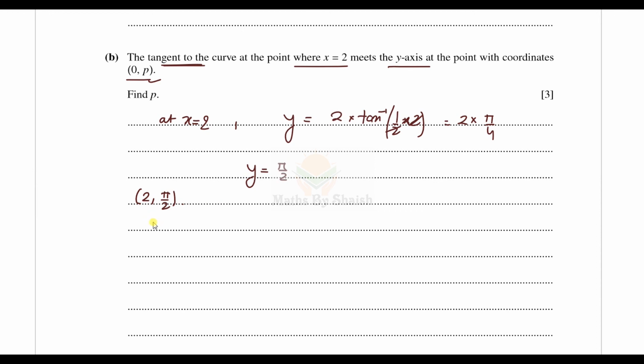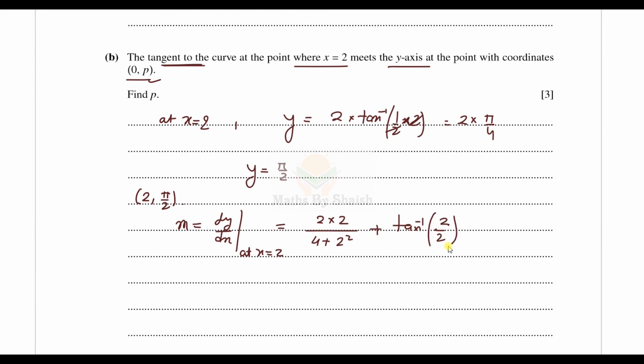So before that we require the gradient m, and the gradient is dy over dx at x is equal to 2. From the previous result, it was 2x upon 4 plus x squared, so 2 times 2 upon 4 plus 2 squared, plus tan inverse of 2 upon 2.